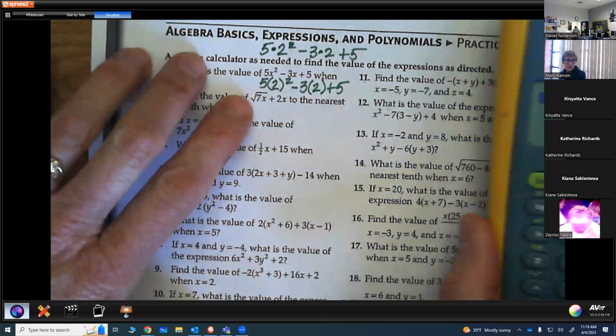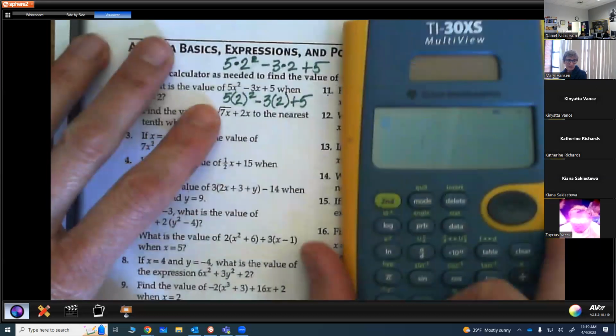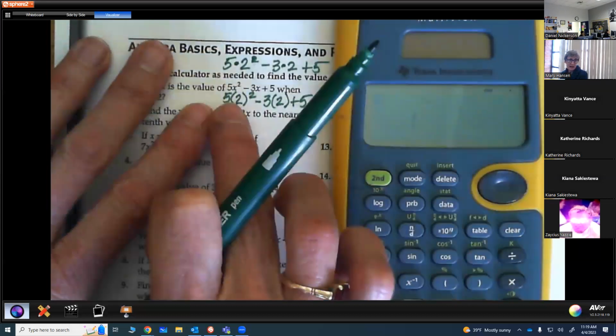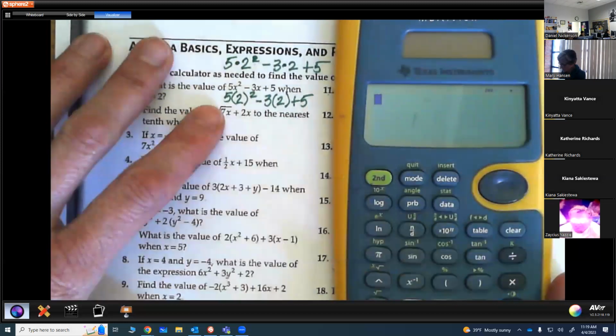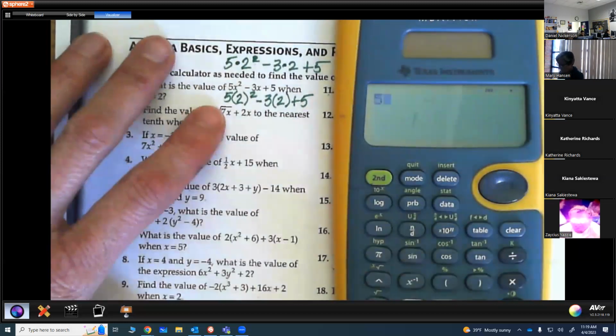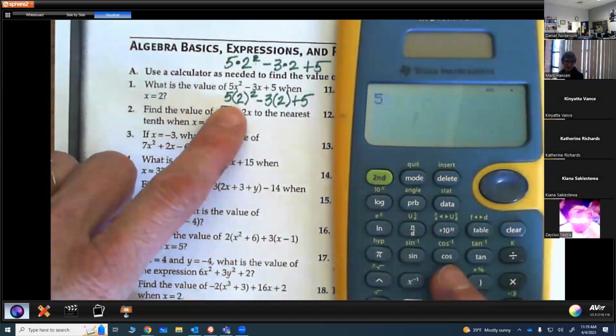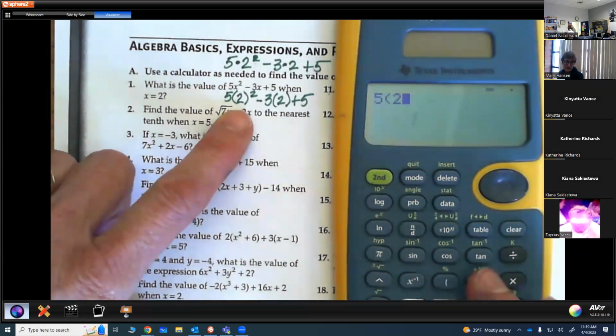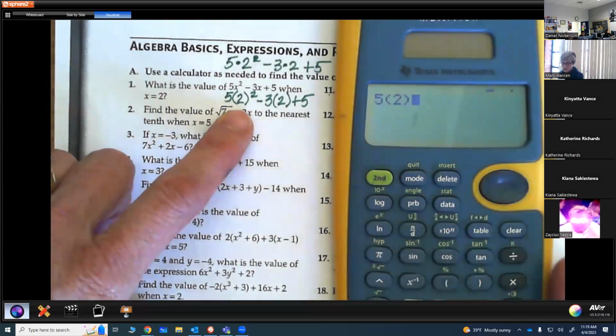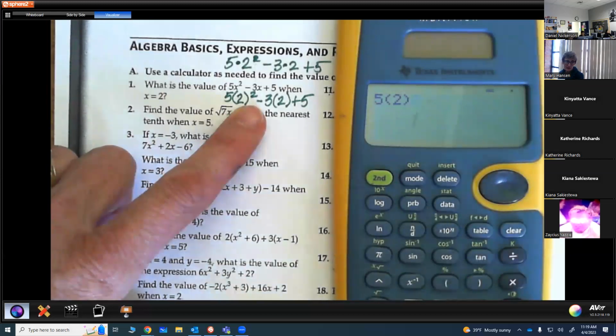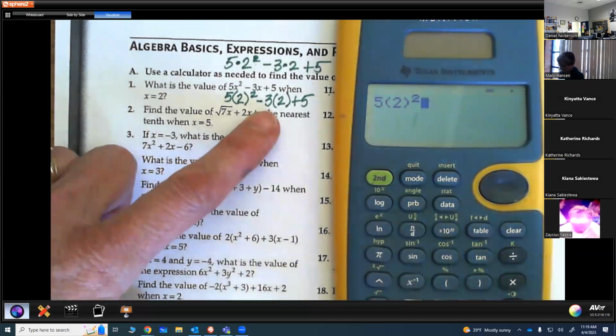Okay, so now basically I want to make the calculator look exactly like what I wrote out. So I'm going to say 5, open parentheses above the 8, 2, close parentheses above the 9, and then I want to square that 2, and the squared key is just to the left of the 7, minus 3 times 2.